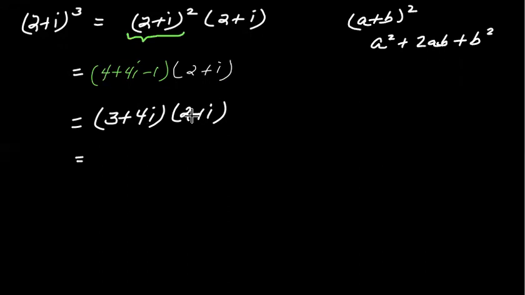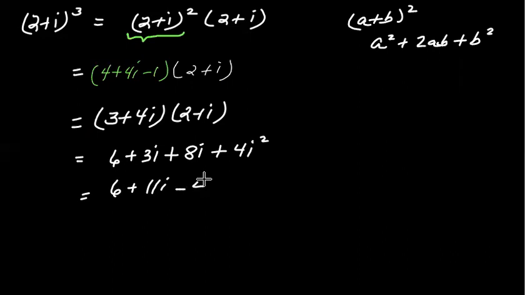So again, 3 times 2 is 6. 3 times i is 3i. 4i times 2 is 8i. 4i times i is 4i squared. So this becomes 6 plus 11i minus 4.